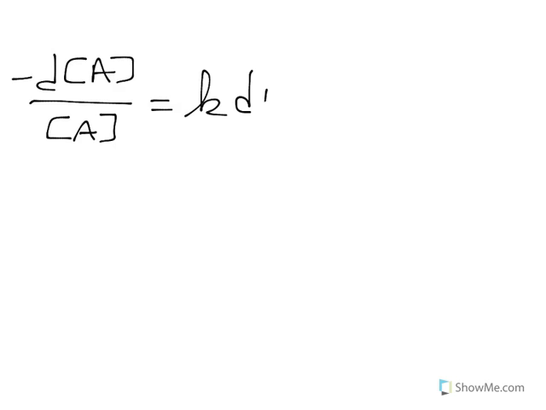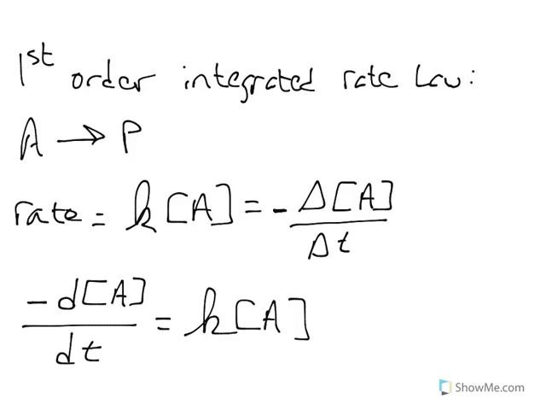So I'm going to move dt and my concentrations of A around. Again, this is part of the calculus derivation process, so no need to panic. I've done a little bit of algebraic rearrangement. So going back, I moved this guy over there, and I moved that guy over there.